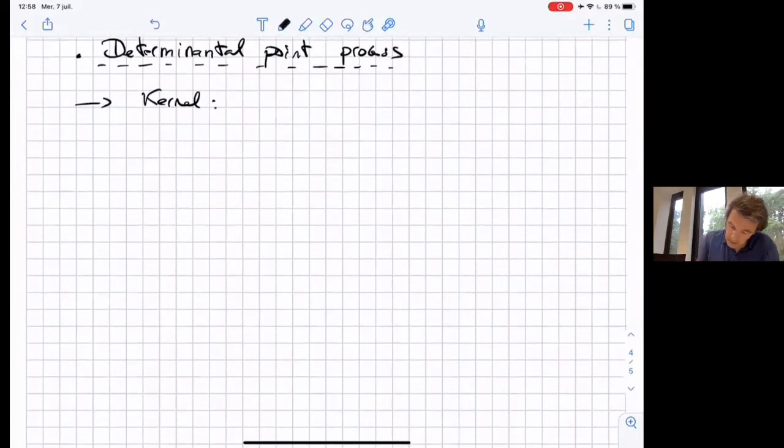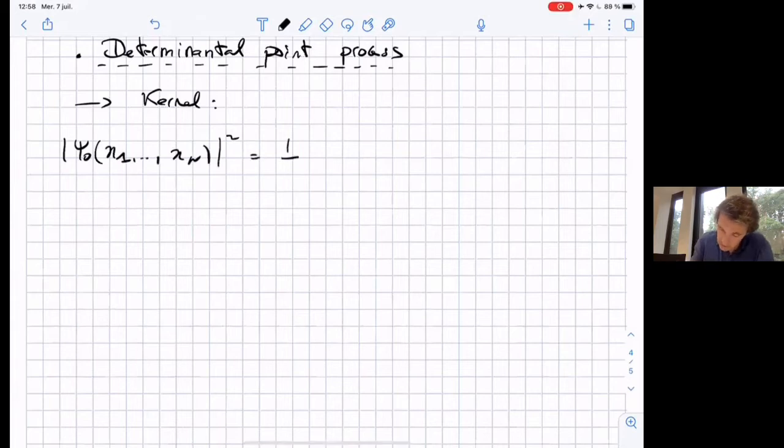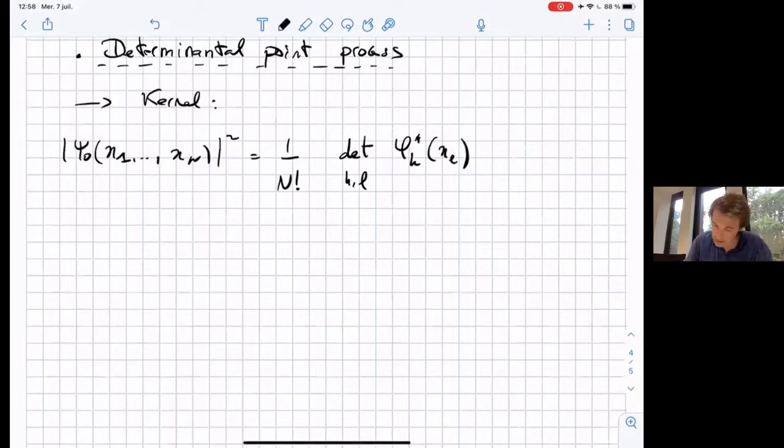I will not give a course on determinantal point processes, but I just want to give you the flavor of the kind of techniques that we can have access to with that. So let's just write it this way. I have this 1 over factorial n, and now I write the determinant of K, with indices running between 1 and n. So we have this first part, and then I have the same guy.